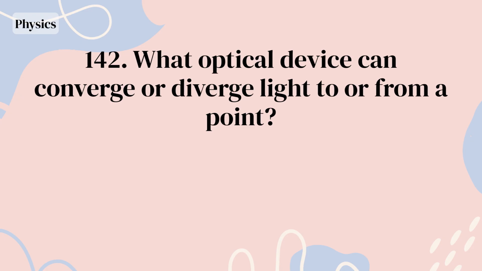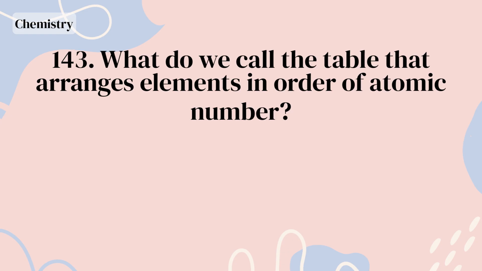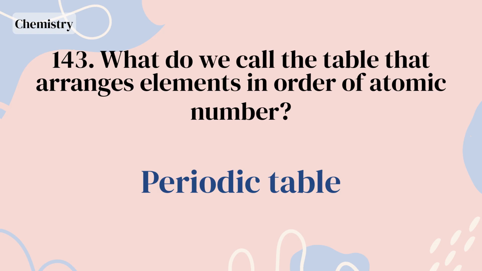What optical device can converge or diverge light to or from a point? Lens. What do we call the table that arranges elements in order of atomic number? Periodic table.